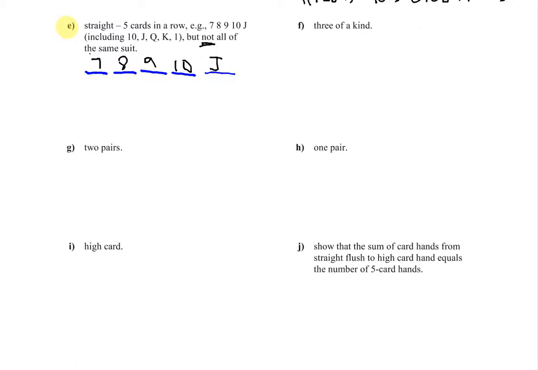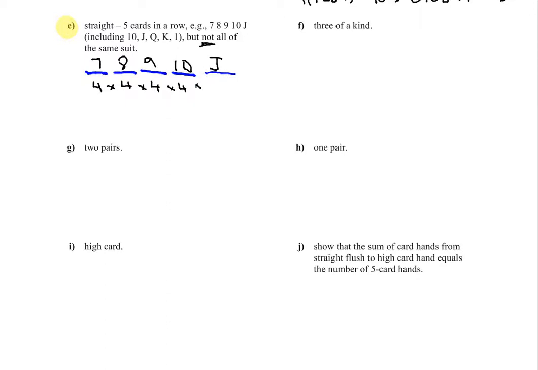From the 7, it's clear that there's 4 different 7s that can be drawn, because per number there are 4 different ones because of the 4 different suits. So there's going to be 4 possibilities times 4 times 4 times 4 times 4.